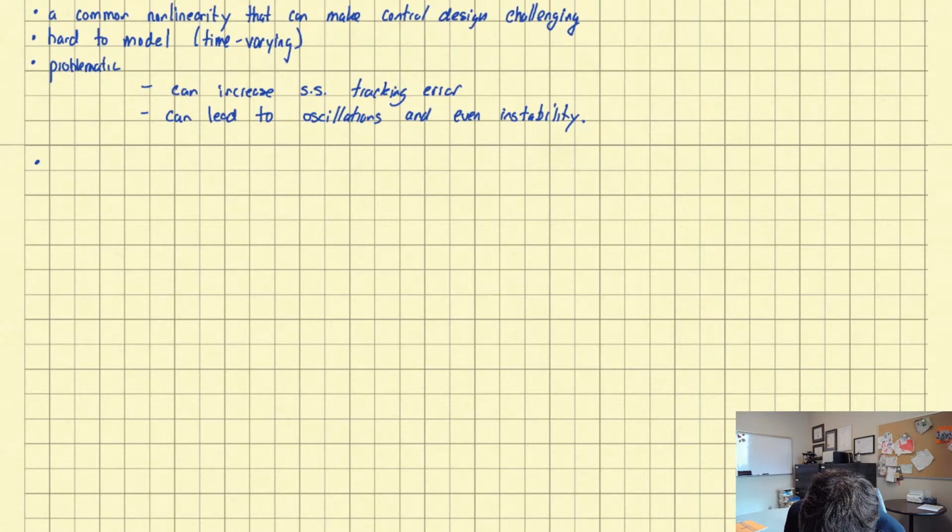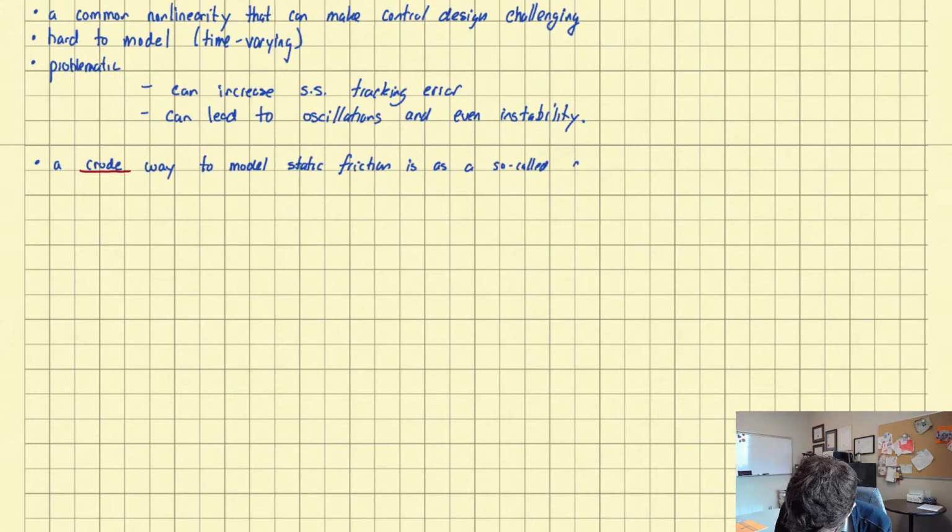So a crude way to model static friction is to model it as a so-called dead zone nonlinearity. What is that?